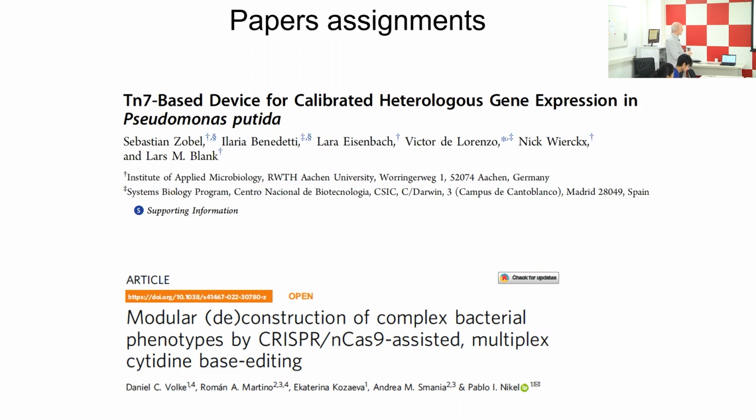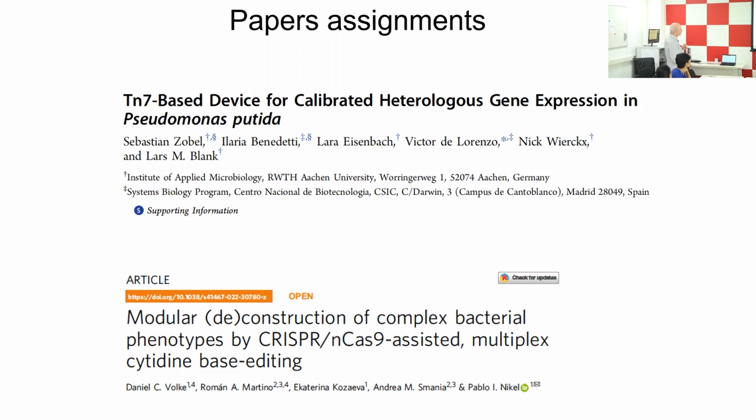So one of them is this one here, a Tn7-based device for calibrated heterologous gene expression in Pseudomonas putida. So this paper is about the use of Tn7, that, if you remember what I mentioned before, is a transposon that enables placing insertions of DNA always in the same location of the genome of your target bacterium. So in this case, what Sebastian and others made was a collection of promoters.